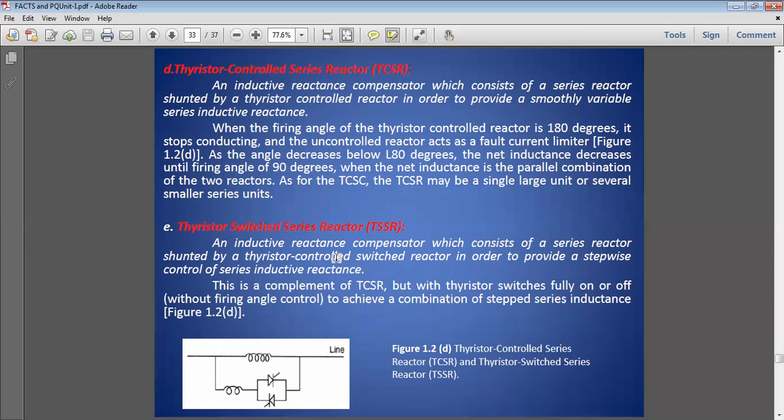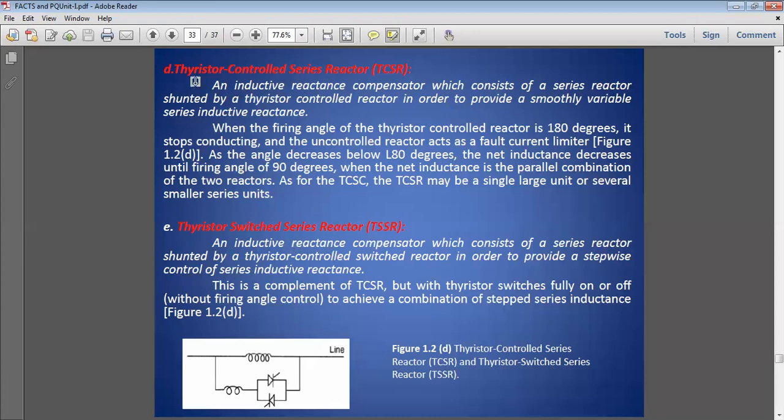The Ferranti effect is that sometimes the receiving end voltage is greater than the sending end voltage, and it is because of the effective line capacitance. So when the line capacitance is more and it is giving the Ferranti effect, then it is necessary to introduce some reactance in the transmission line to maintain the terminal voltage.